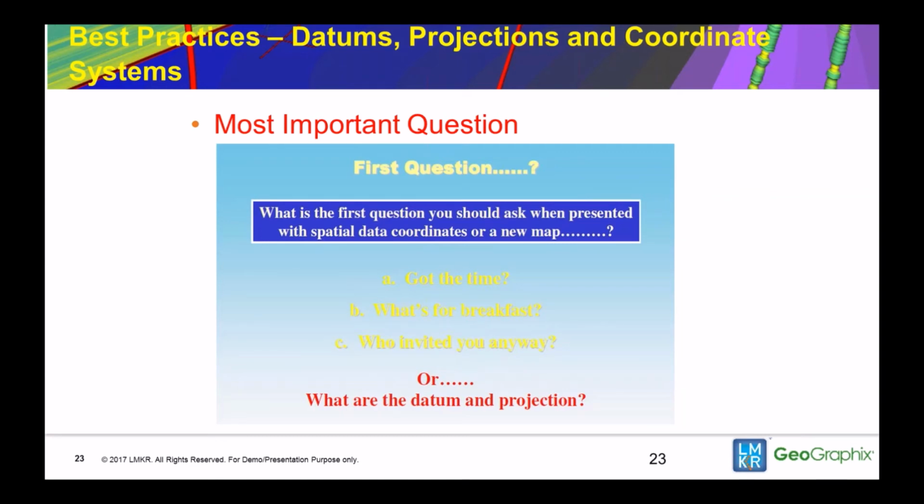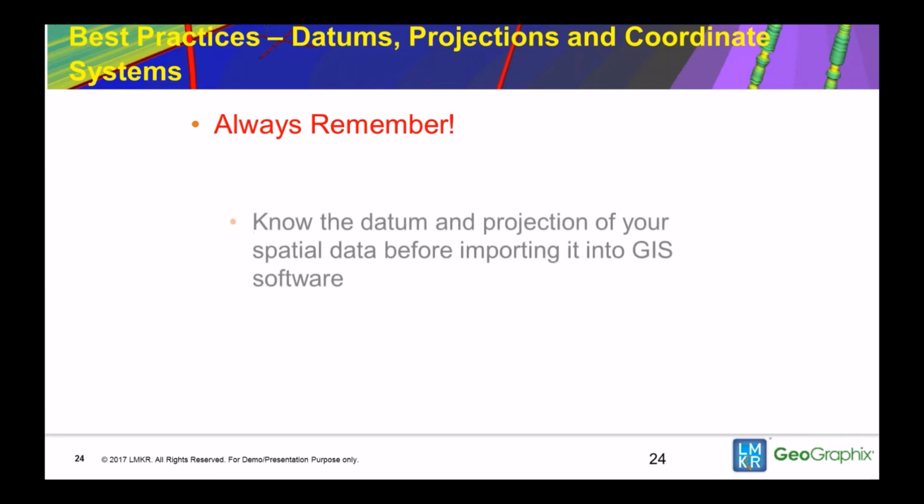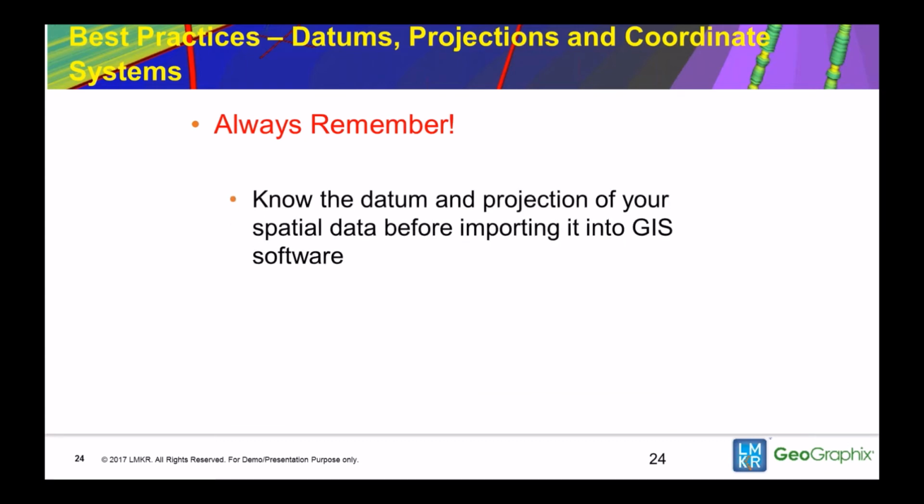If you try to do that, you will have considerable error. So you must know the datum and the projection of the data that you want to bring into Geographics or any other GIS package. If you don't, you've got to guess. And if you guess and guess wrong, well, there's going to be some errors. And the errors can be pretty significant. So, know the datum and projection of your spatial data before importing it into any GIS software.